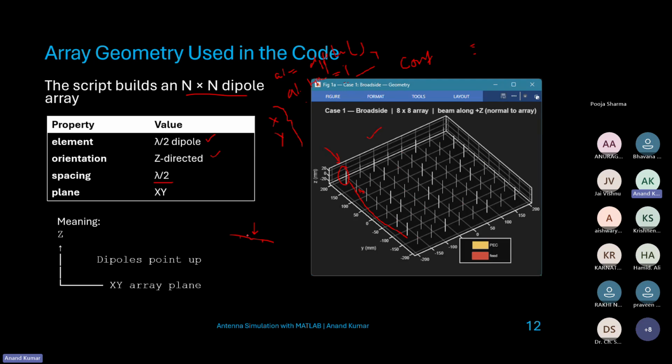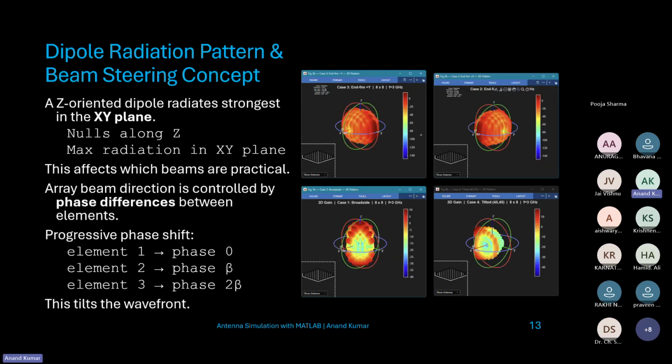So in that case, you have to make the spacing a little more than lambda by 2, and these are all arranged in the xy plane. And these are the four cases that we saw: the broadside, the x direction, y direction, and the tilted one. The progressive phase shifts along the different elements give you different radiation patterns.